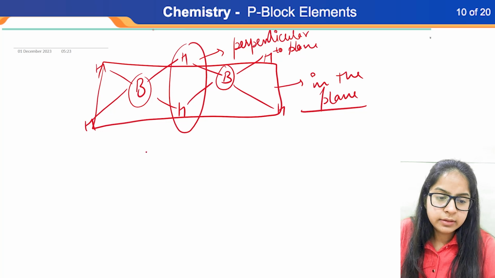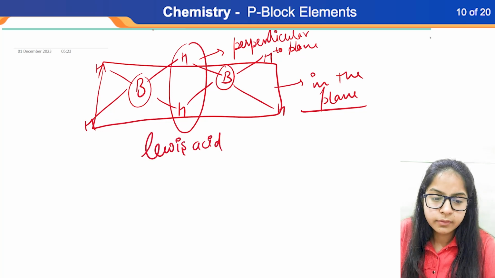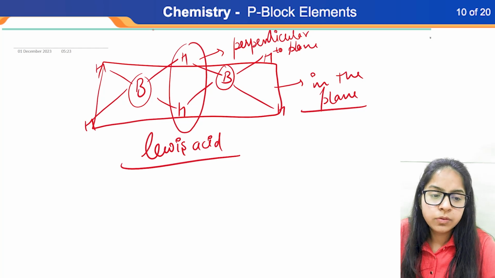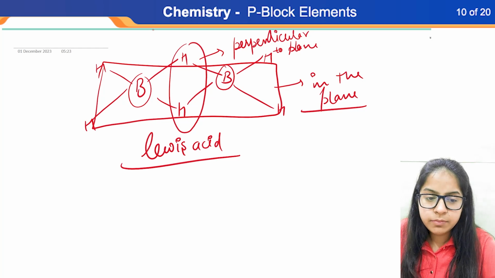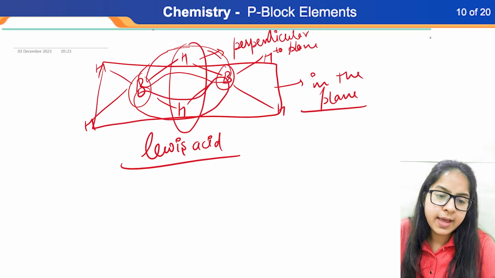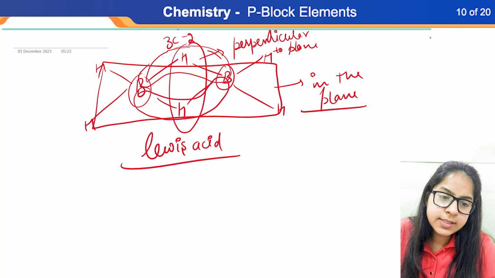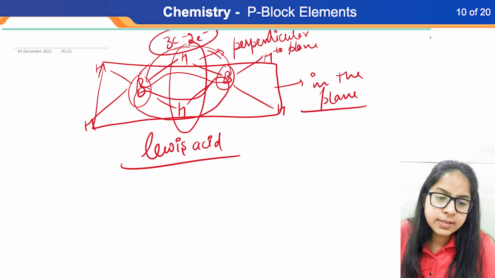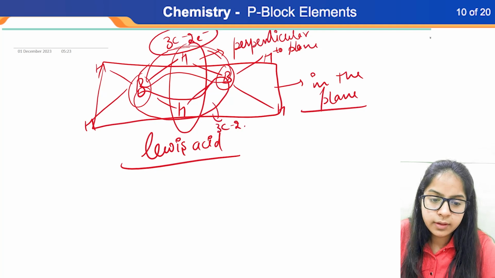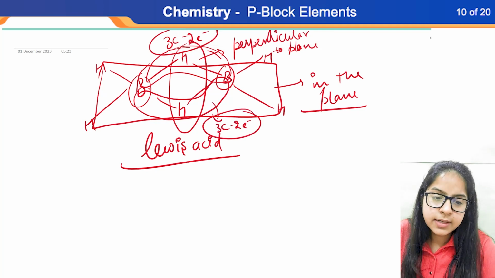This will act as a Lewis acid because it's a boron. Boron has only 3 bonds, but the 4th bond, this whole B2H bridge, is a 3-center 2-electron bond.